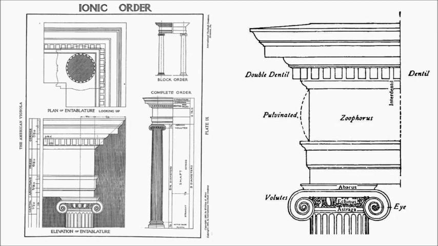And usually in the frieze, you'll find one of 2 things. The frieze is plain, or it will be ornamented with sculptural elements. Sometimes it is also pulvinated. That means it's bulging out. It's somewhat circular in nature.